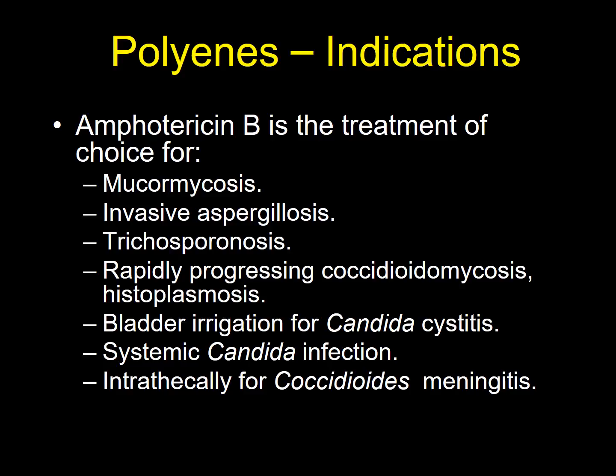So I mentioned amphotericin B is really heavy duty. This is a treatment of choice for these very invasive fungal infections. These don't usually happen in otherwise healthy people. These are opportunistic infections, really, that happen in people who are immune compromised or immunosuppressed, like on cancer chemotherapy or powerful immunosuppressants.